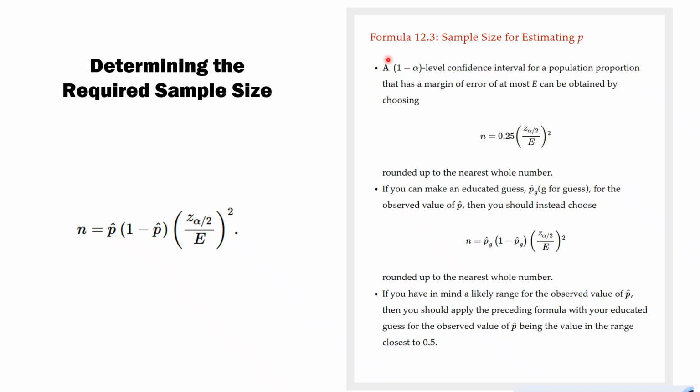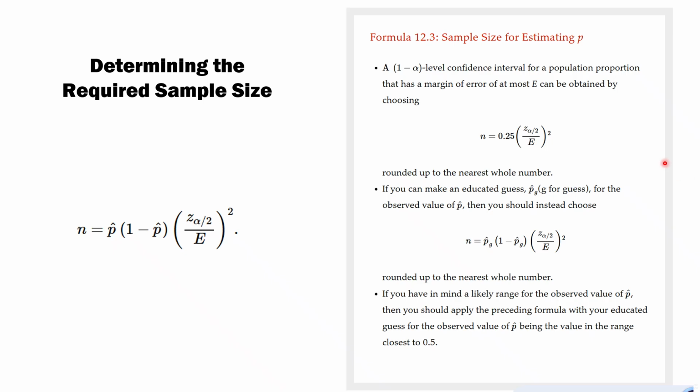So you've got a couple of cases. Say you have no idea what your proportion is, because often we will be given things like the margin of error and we'll be given things like the Z alpha, but we don't actually know P hat. So if you don't have any idea what P hat is, then you use this formula right here, where n equals 0.25 multiplied by Z alpha divided by 2 over your margin of error, squared.